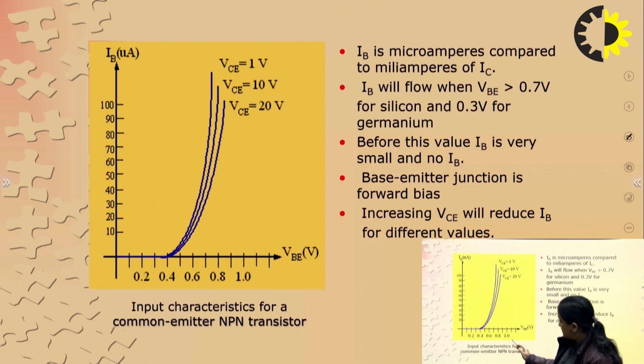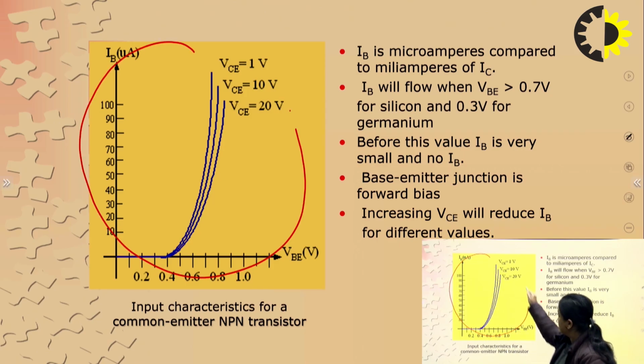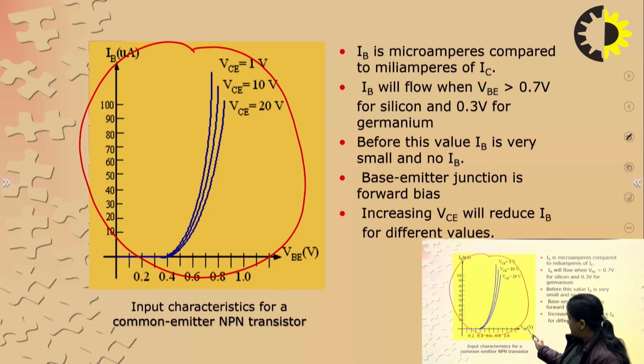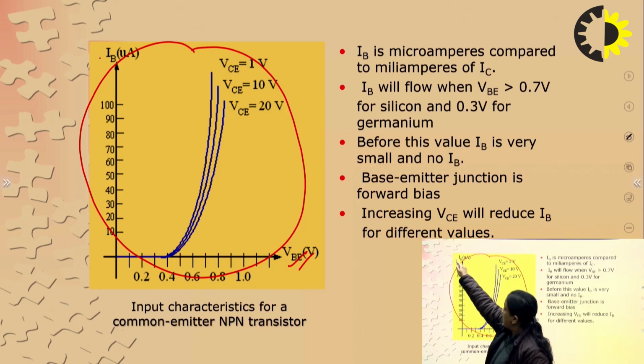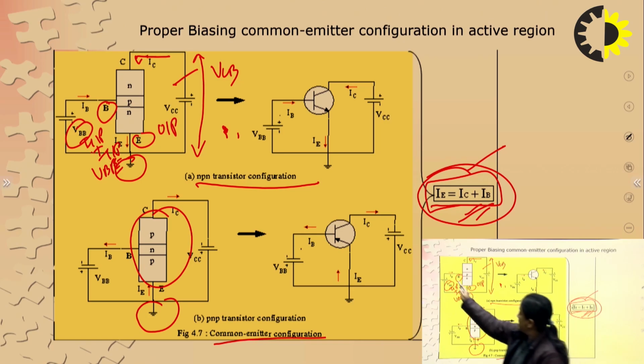So this is basically depicting your input characteristics, and it is between your VBE, that is the input voltage, the base emitter voltage, and your IB, that is the input current which is flowing through the base junction. So what are input characteristics?